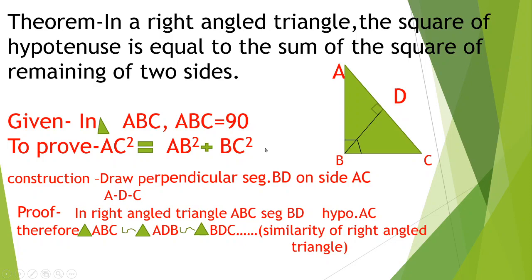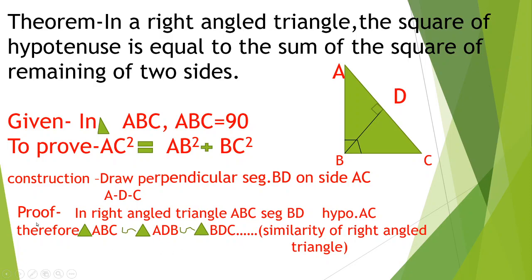Now construction is given. We already drew in figure. Draw perpendicular segment BD on side AC. A, D and C lie on segment AC. So we draw BD perpendicular to AC.